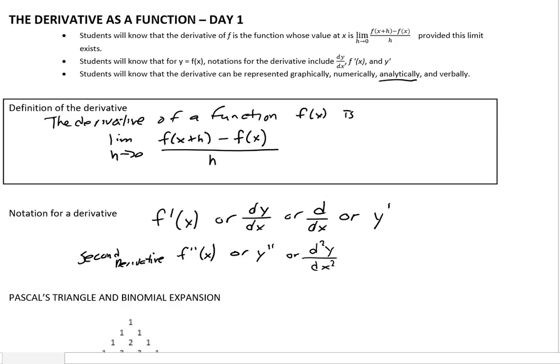That also means a second derivative, which you'll deal with. And so now what we're going to learn is how to use this definition of a derivative to find a formula for a derivative. Okay?